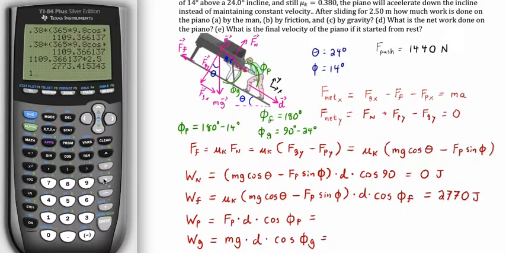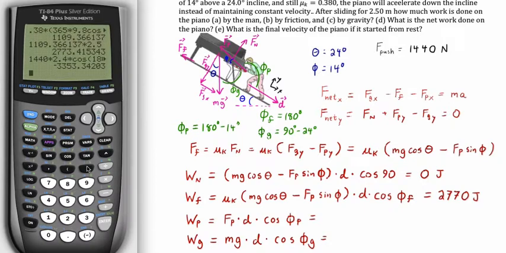So 1440 multiplied by 2.5 multiplied by cosine of that angle that we solved for the pushing force, which was 180 minus 14. So let's do our cosine, and then 180 minus 14, close parentheses, get our value.